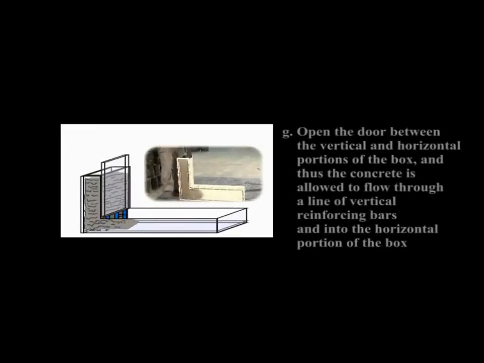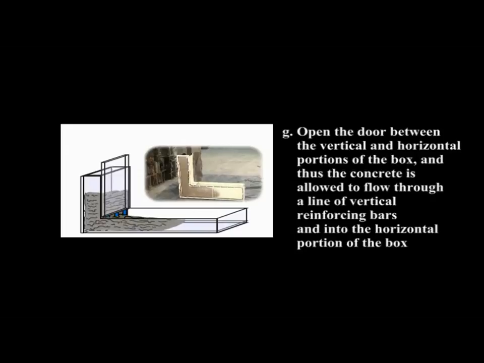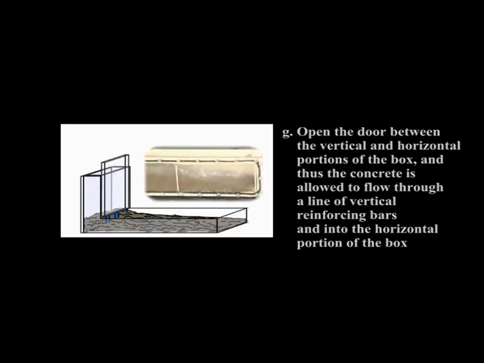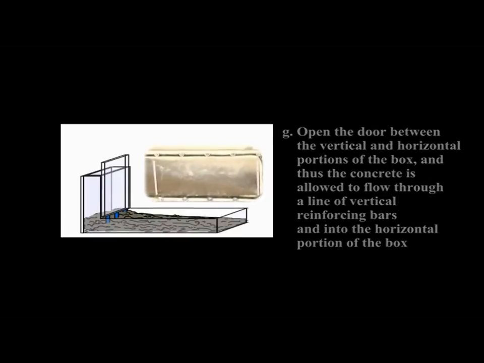G. Open the door between the vertical and horizontal portions of the box, and thus the concrete is allowed to flow through a line of vertical reinforcing bars and into the horizontal portion of the box.